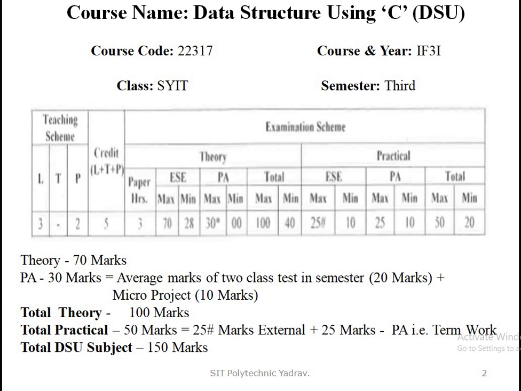That is your practical marks, total 50. In that, minimum 20 must be obtained. So your subject total marks: total theory marks is 100 and total practical marks is 50. That is your total DSU subject marks, 150.